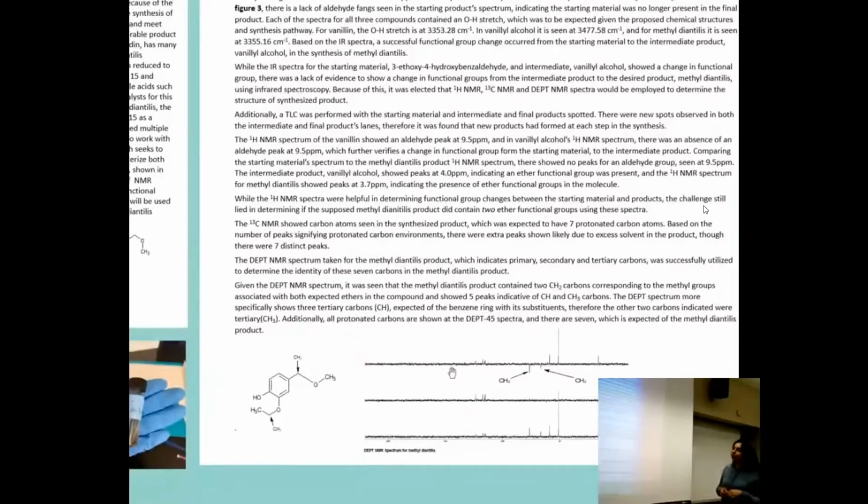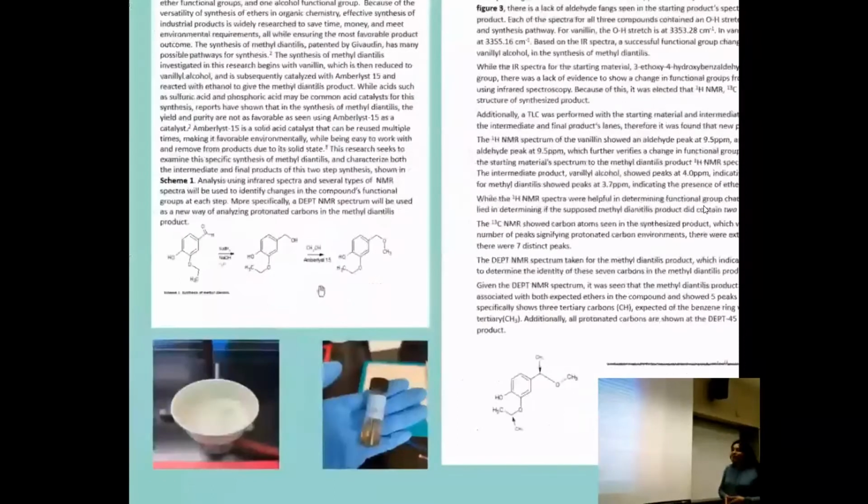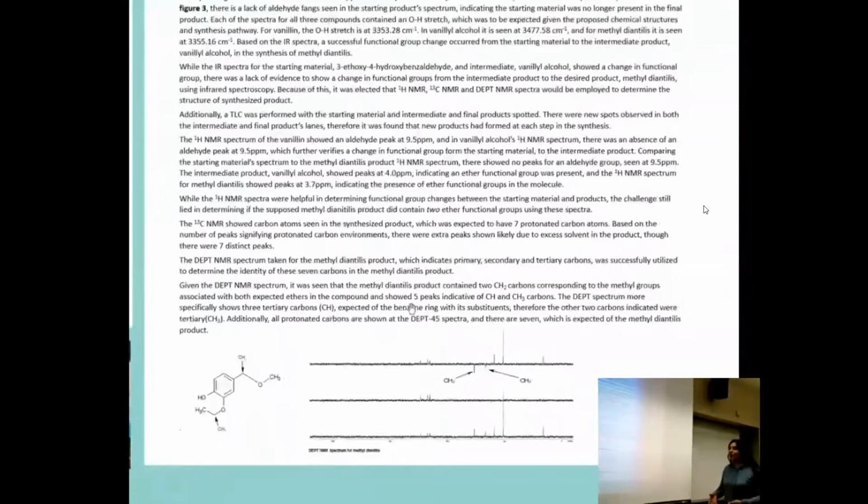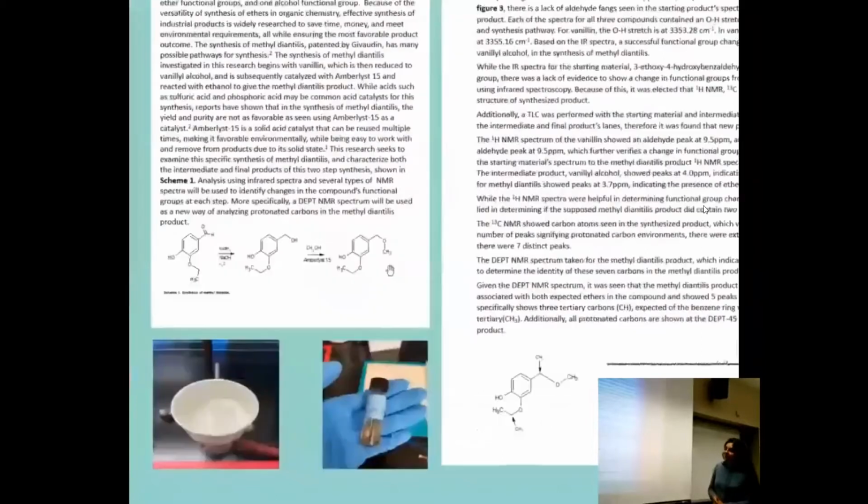So comparing the final product to the depth NMR spectrum, you can see two CH2 carbons, and there are two in the desired product, which means that I can confidently say that that structure was accurate for the spectrum. And looking at the photos, you can see that the first product and the second product are very different.